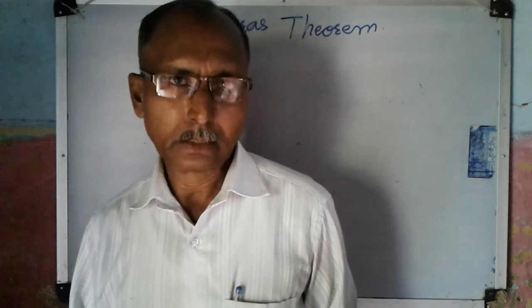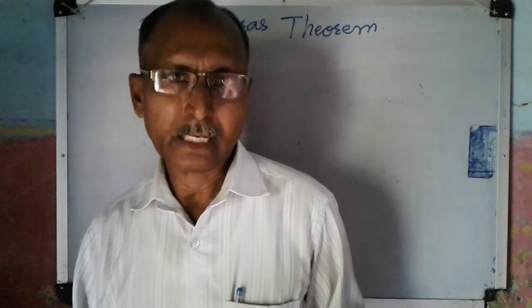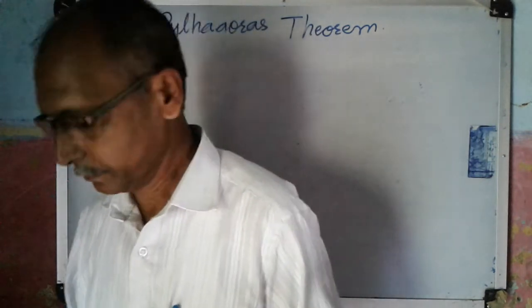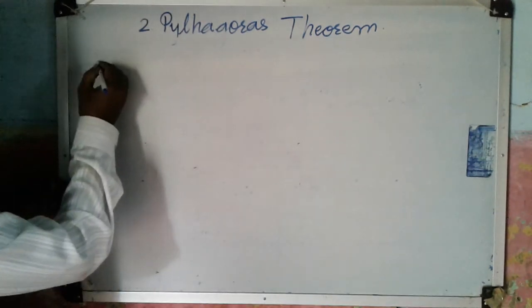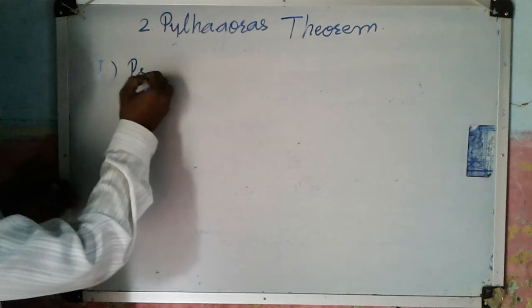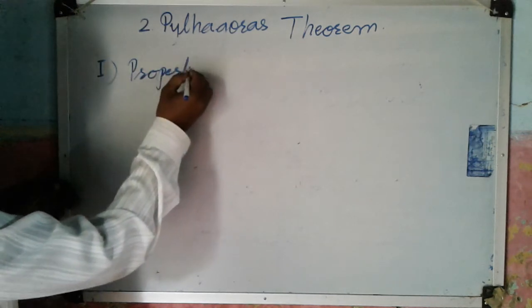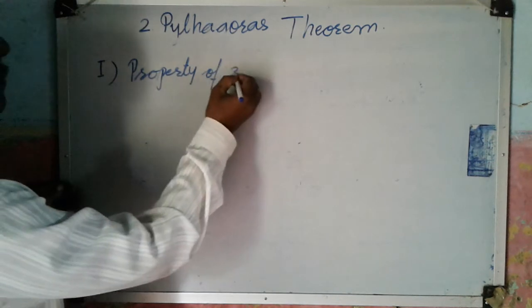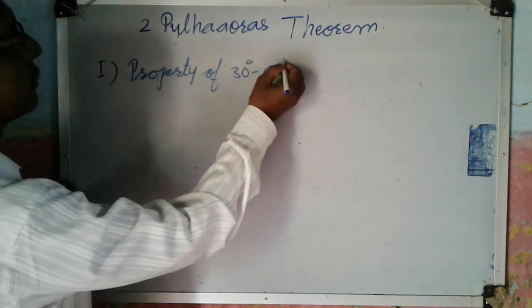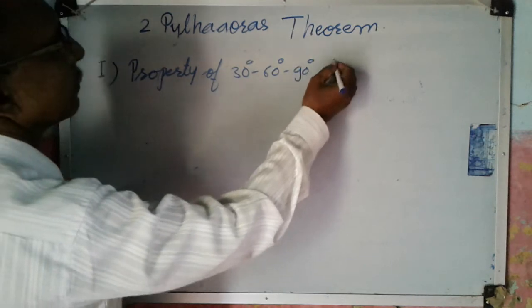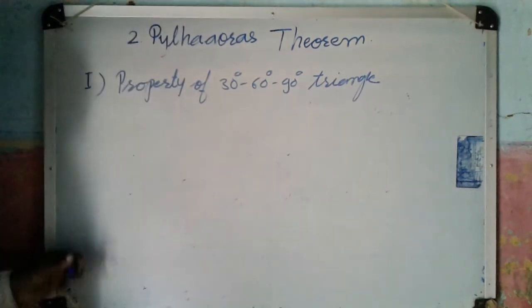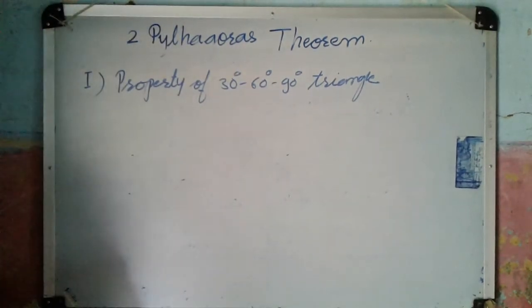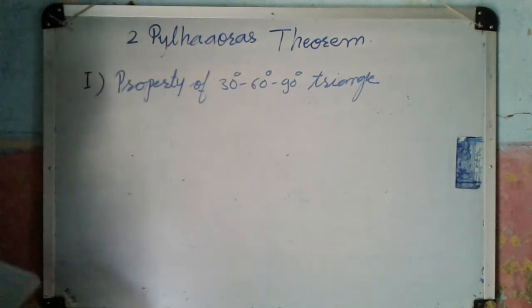The first property is the property of the 30 degree, 60 degree, 90 degree triangle. Of course, this is a right angle triangle.